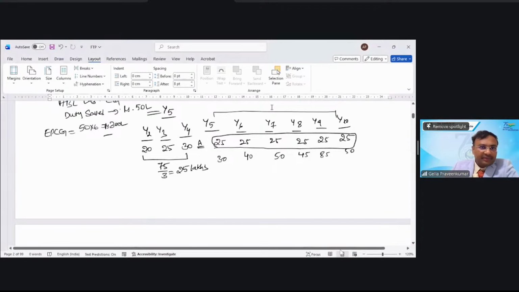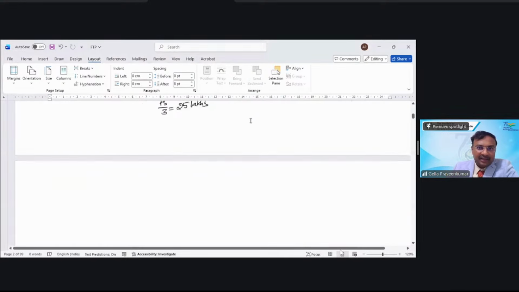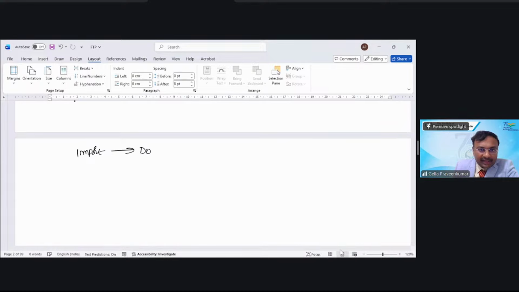Now, a couple of modifications in this particular scheme. Instead of import of capital goods, if these goods are purchased domestically, then my export obligation will be 75% of the actual obligation.